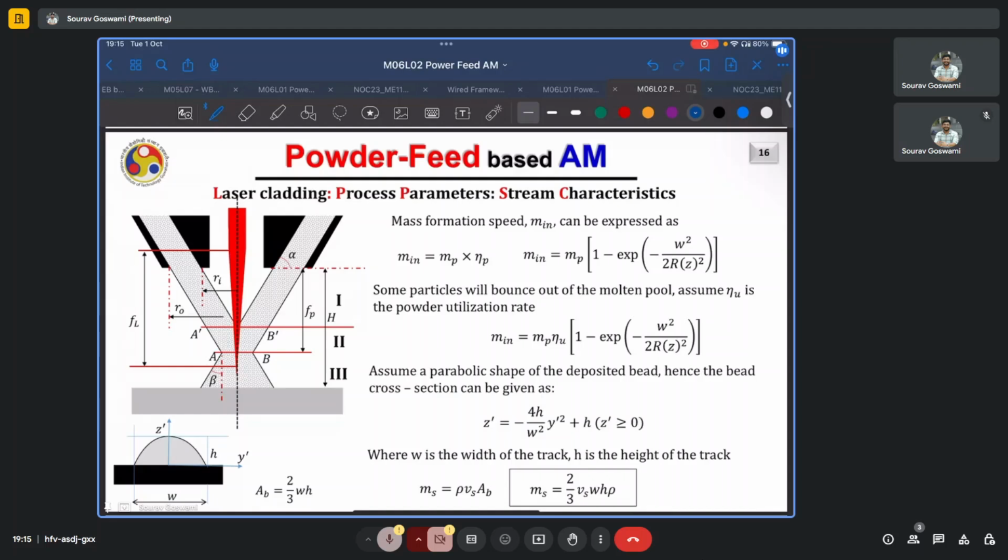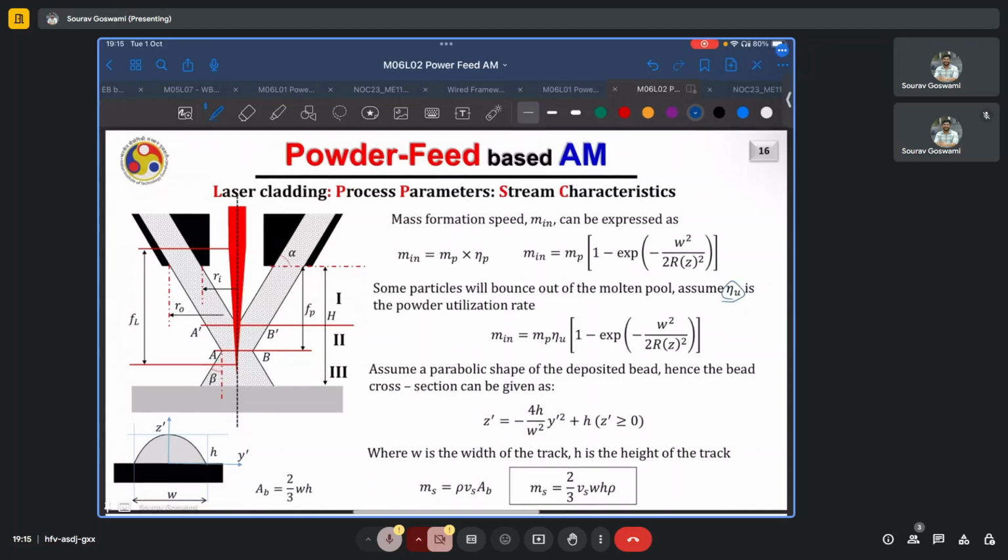So we multiply this with the other factor eta U to come up with the final expression. And this will happen because the particles are traveling at such high velocities, they can simply interact or collide with the melt pool, and rather than getting assimilated into it, can simply bounce off. And typically, when we are visualizing a powder DED process or seeing a video of a powder DED process, we see many sparks flying out, and it is actually these powder particles which are bouncing away from the surface that we see.